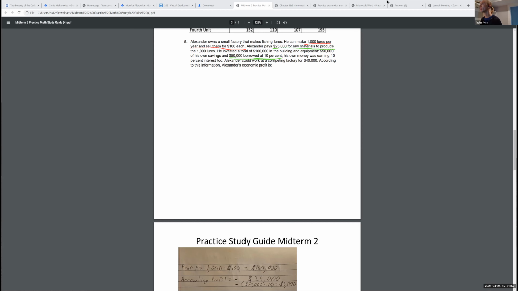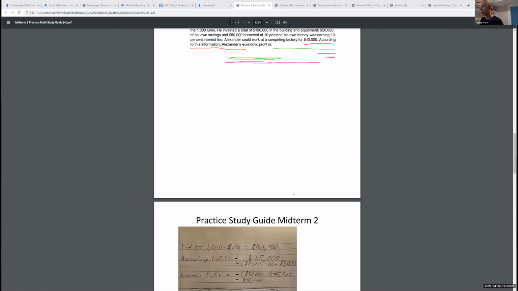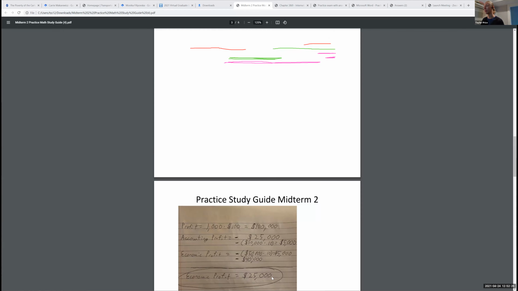For the economic profit, you also have to subtract the $40,000 he could earn at a competing factory, because that's his opportunity cost. The final piece is the $50,000 of his own savings, which he could have earned 10% interest on as well. When we do that, we see his economic profit is $25,000.